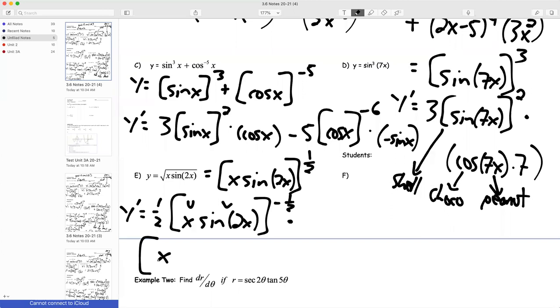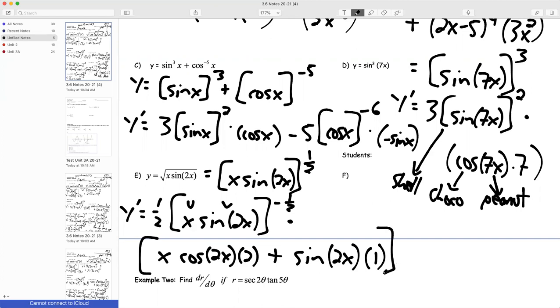And what's the derivative of sine of 2x? It's going to be cosine of 2x times 2, plus the second half of the product rule. Well, no, it's sine of 2x times the derivative of the first term, which is just 1, and close it with brackets.